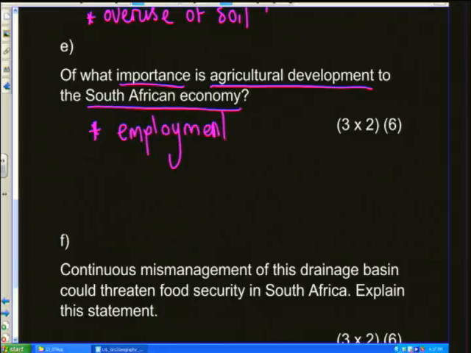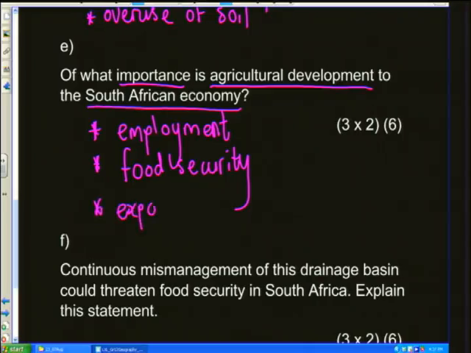People that work on the farms, people that work for food stores, truck drivers, all those sorts of things. It's also important for our food security. We need to produce enough for the population. In addition to that, we've got high export value, and so that contributes to our GDP. Here we go. Question done.